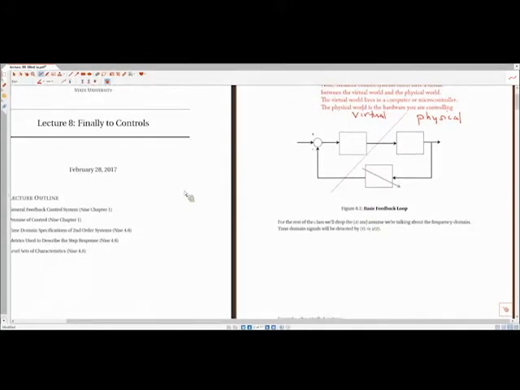The first being what's called the reference. So the reference is given by the Laplace transform of the reference signal. So if we have R of S, this equals the Laplace transform of some sort of time domain signal R of t, and we call this the reference signal.